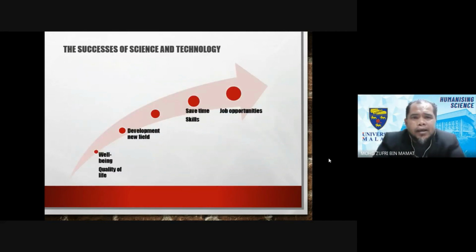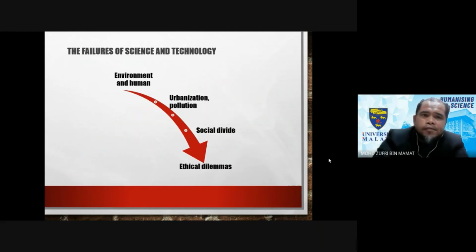So I show here the successes of science and technology: well-being, quality of life, development, new fields, saving time, skills, job opportunities, and so on. The failures of science and technology, maybe we can refer to environment and human, urbanization, pollution, social divide, ethical dilemmas, that occur in the progress and development of science and technology.